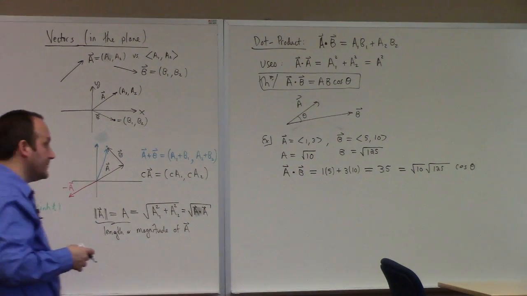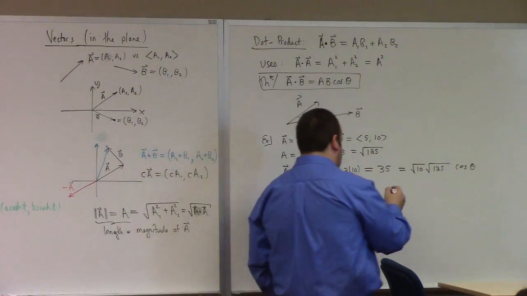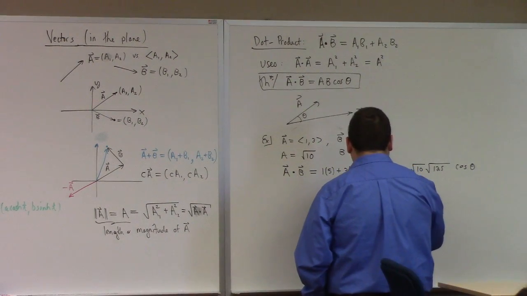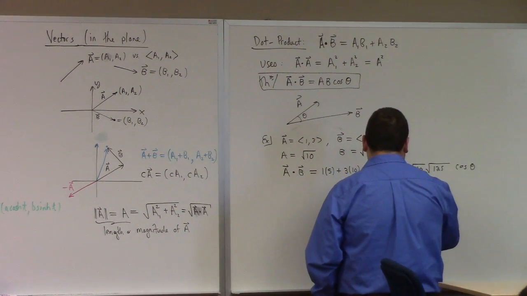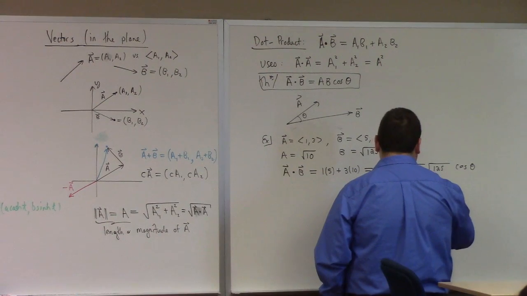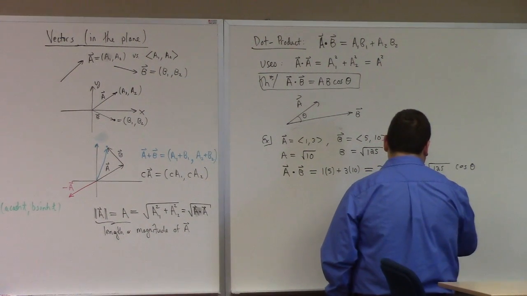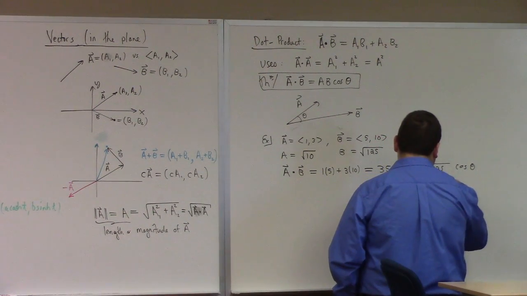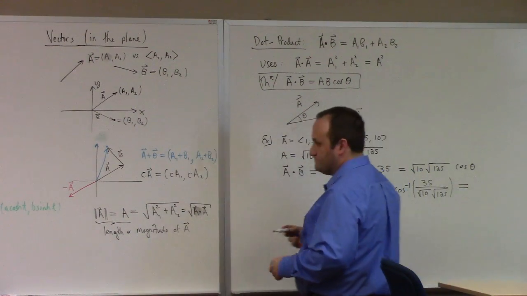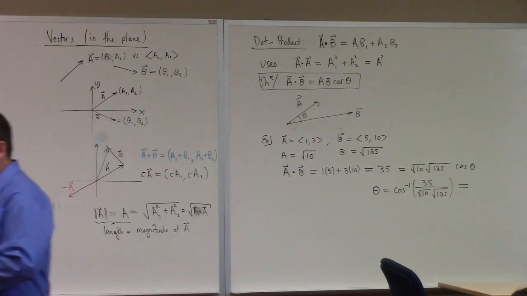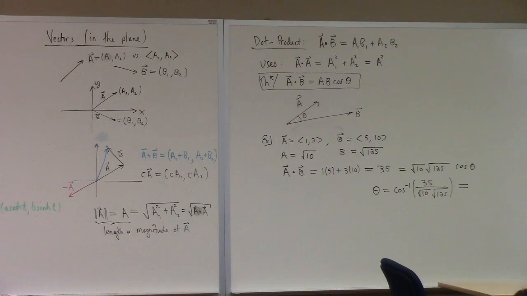That's what I'm doing right now. So the angle between these vectors is the inverse cosine of the ratio 35 divided by the square root of 10 times the square root of 125, which is what? Yeah, I don't know without a calculator. Sorry.